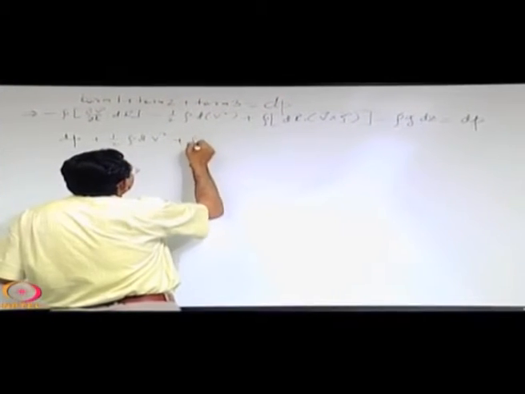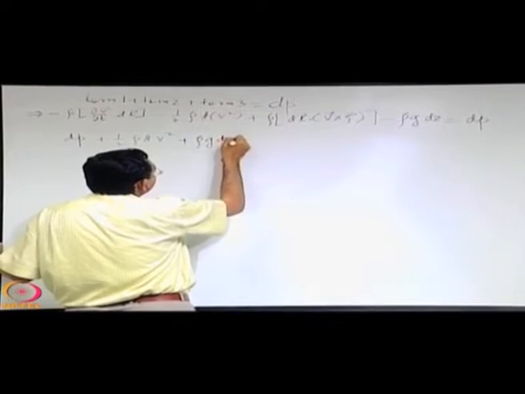So, you have dp plus half rho dv square plus rho g dz. Up to this you can find some similarity with the Bernoulli's type of equation that you have encountered earlier, but you are also getting 2 extra terms.